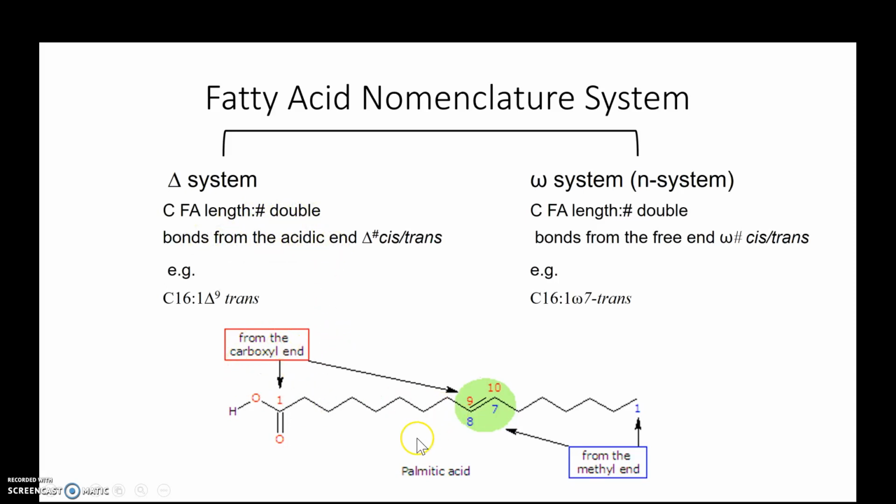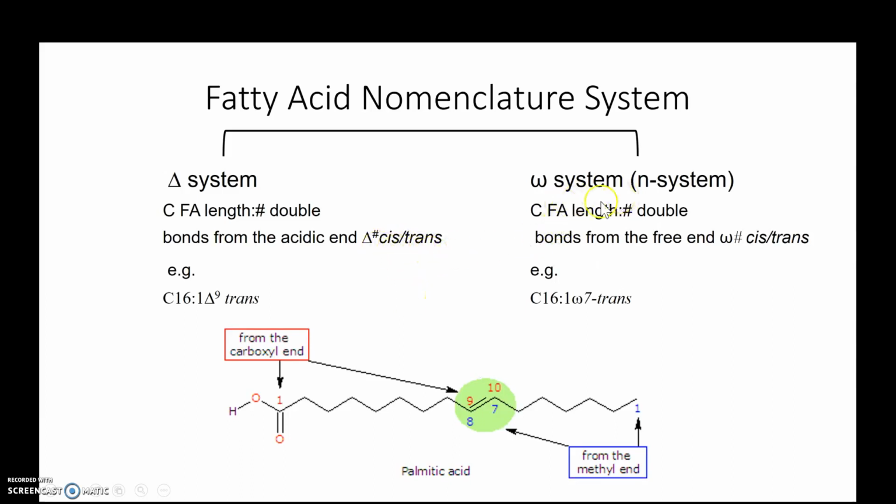So in this figure, you can see here, this is our acidic end. So the first carbon is right here, numbered 1. And when you go down that chain, whenever you hit that double bond, that's where you write that double bond number after a delta. So you write delta with a superscript of where the double bond starts, and then you follow it by whether it's a cis or trans.